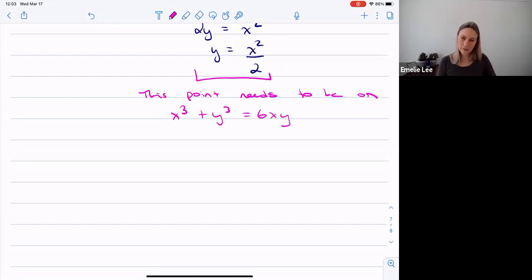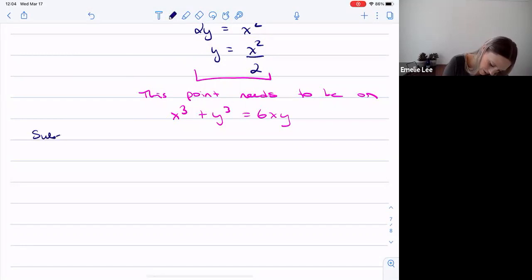So what can I do? I can substitute y into here, and then all of a sudden I only have x's, which means if I only have one variable, I'll be able to solve for that and actually get a number, which is great. And then once I have a number for x, I can easily go back and solve for y. Right? But that's the hard part, is thinking, okay, what do I need to do here?